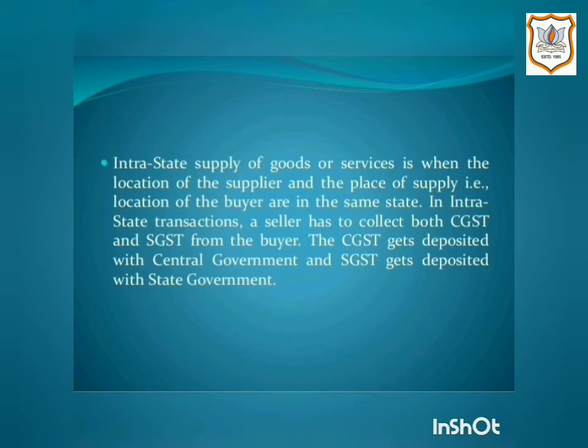In intrastate transactions, a seller has to collect both CGST and SGST from the buyer. The CGST gets deposited with central government and SGST gets deposited with the state government. So here, CGST and SGST both are applicable for intrastate supply. Let's understand it with an example.